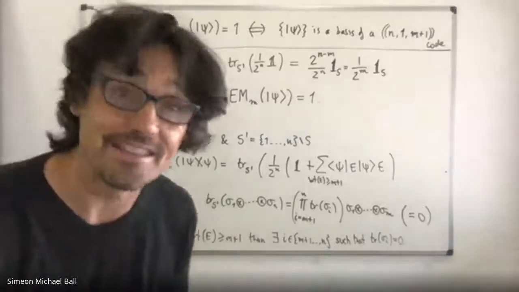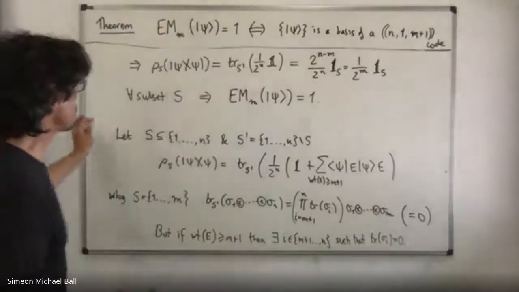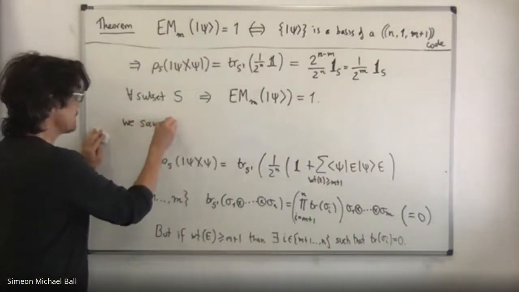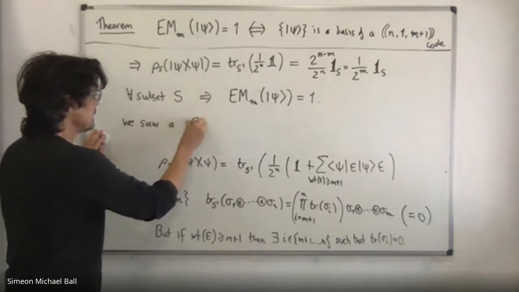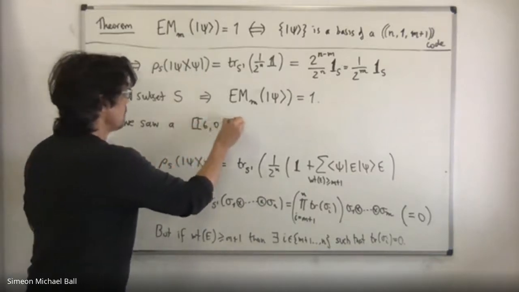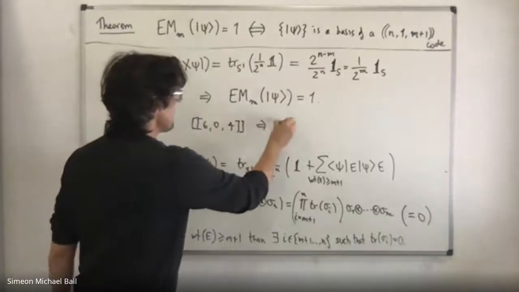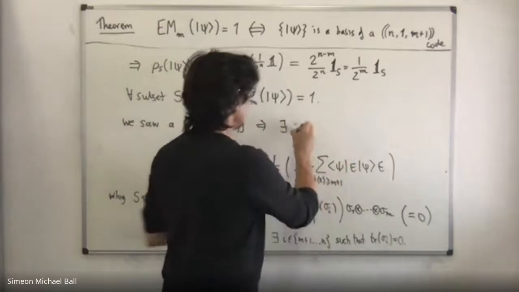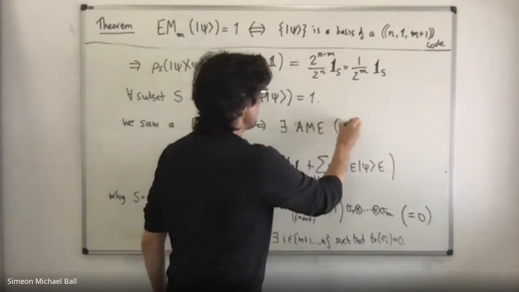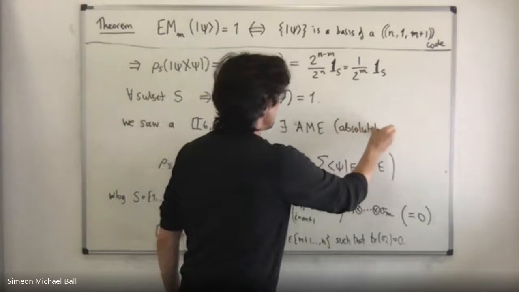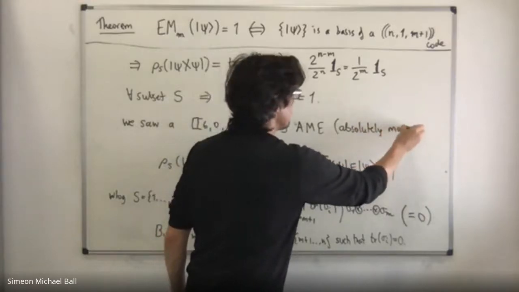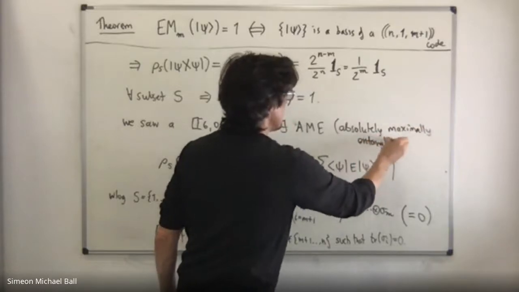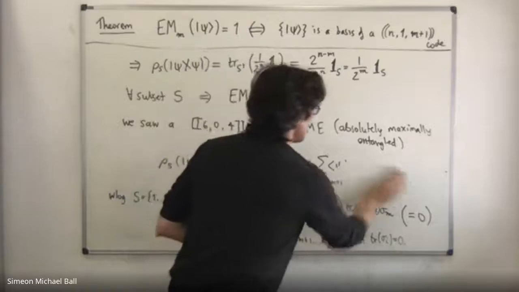So we know how to make these things. Well, we know how to make some anyway, because we saw in the exercises a 6-qubit state, which implies that there exists a maximally mixed state. So they call it an AME state, absolutely maximally entangled.